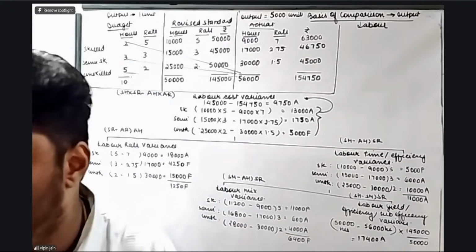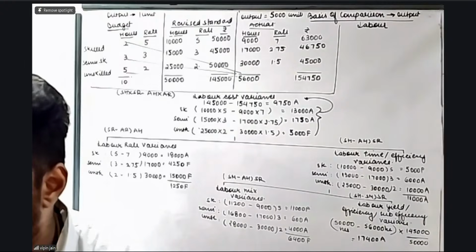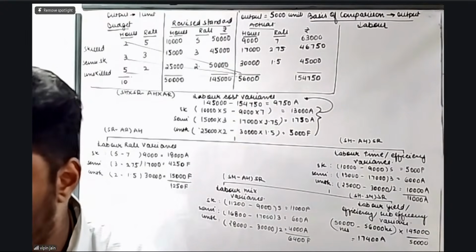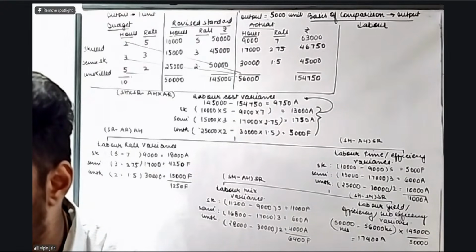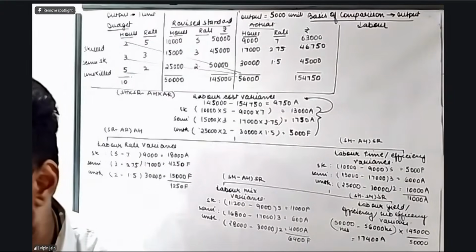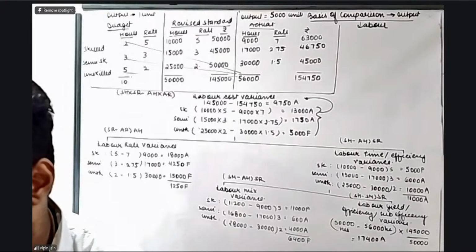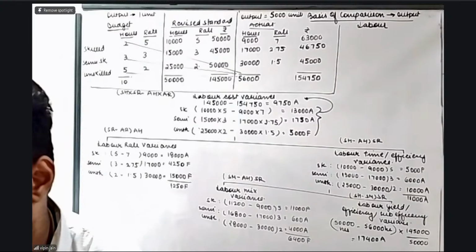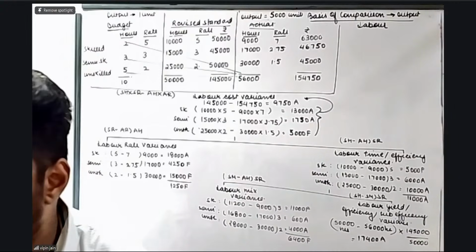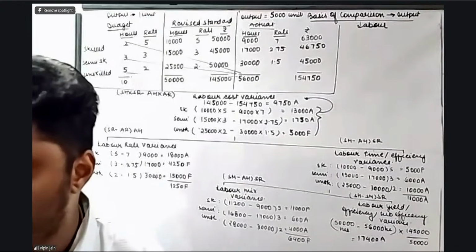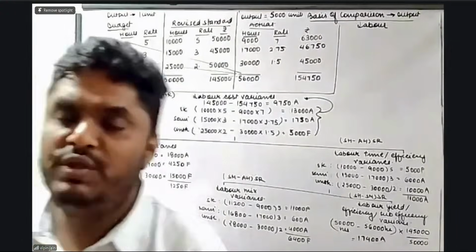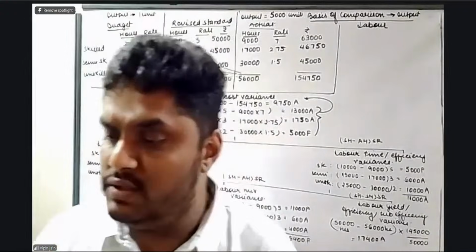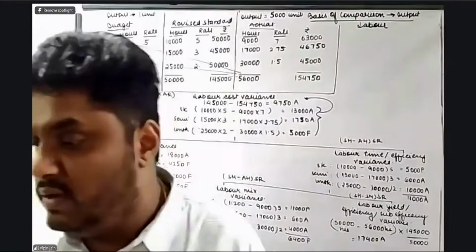Pooja, any other doubts? I think your network is not that good, so you can just post your query. See, Gayatri, as discussed in the previous session also, there are 2 to 3 ways to calculate yield variance. So I'm just discussing the easiest possible way.